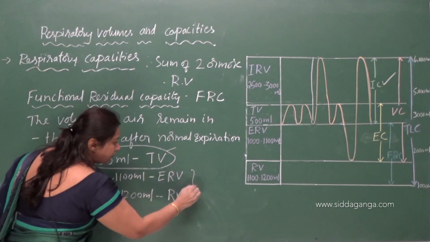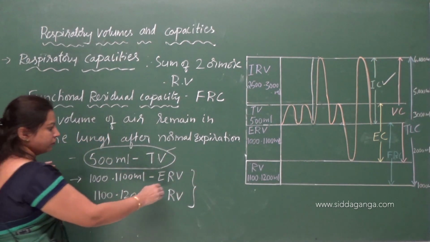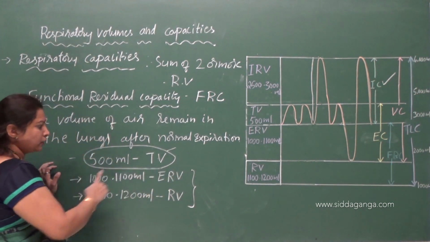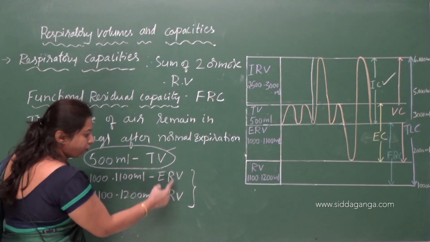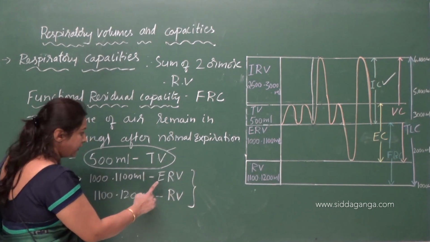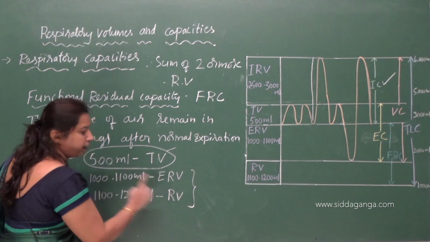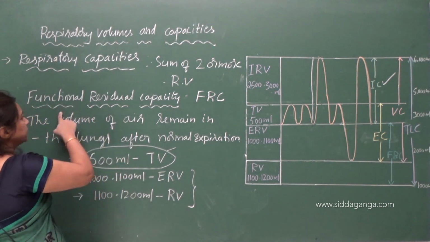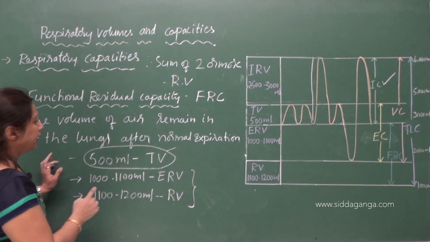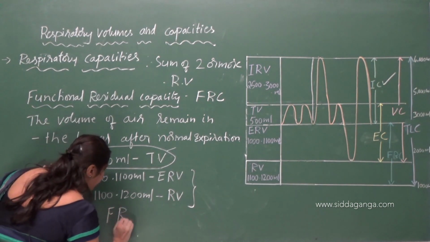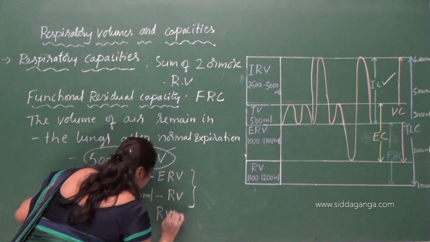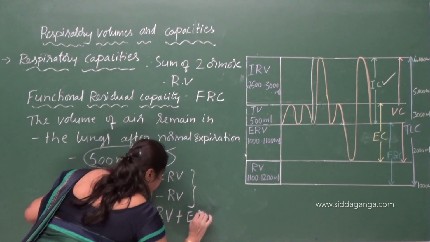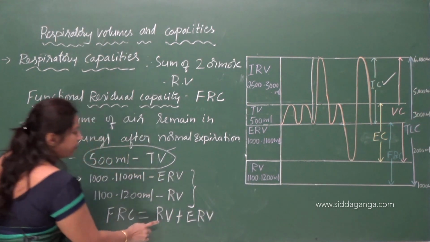So what remains inside the lungs now? ERV and RV. So functional residual capacity is the sum of RV plus ERV.